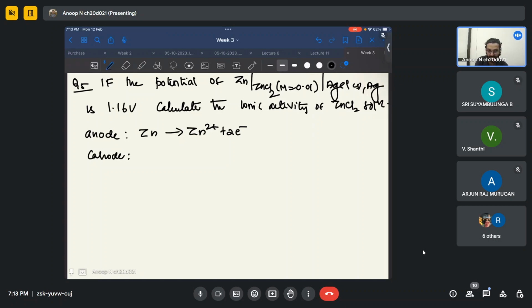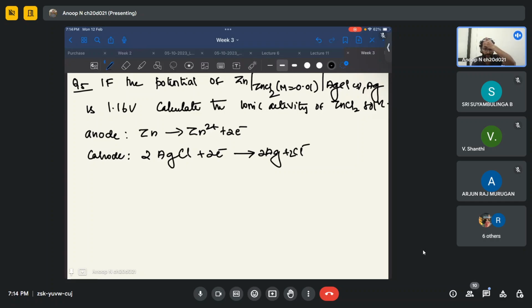We have seen it 2-3 times. So what will be the cathodic reaction? No, because we have chloride ion also here. We have to balance the equation also. So the reaction will be AgCl plus 2 electrons gives Ag plus Cl minus. Sorry, 2 Cl minus.